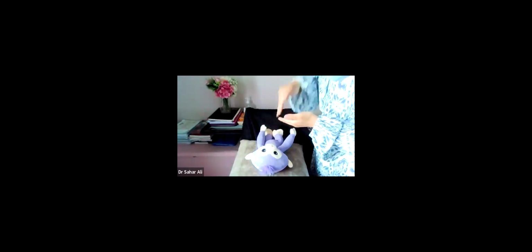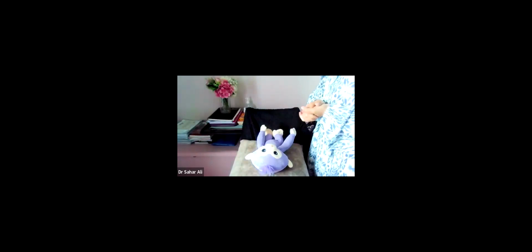Children above 1 year, the depth is 5 centimeters. In adults, the depth is 6 centimeters. So 4 for infants, 5 for children, and 6 for adults. This is the depth.